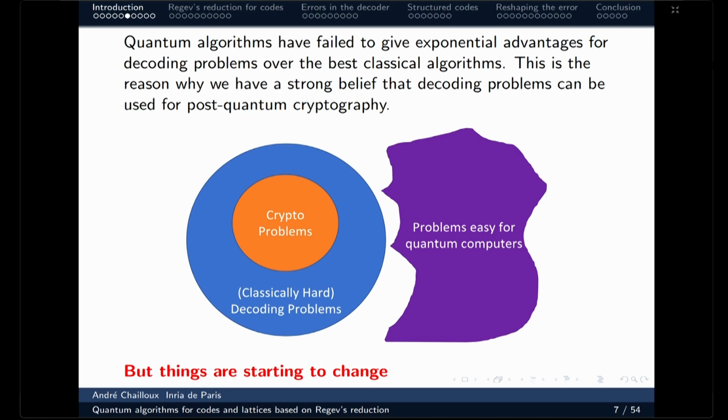So the whole family of problems, not only the ones used in crypto, but the large family of decoding problems and short integer solution problems, if hard for classical computers, are hard for quantum computers. This tells us that this whole family is safe for now. But things are starting to change a little bit.